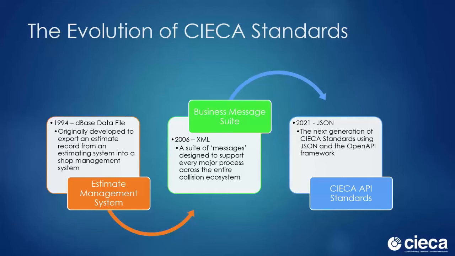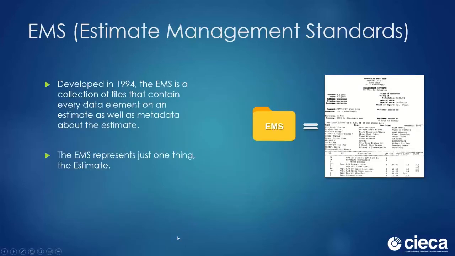Of course, computers and technology never stop evolving, and so now we need tools designed for today's business needs, and that is why we're embarking on the CIECA API Standards initiative. Let's look at this evolution of CIECA in a little more detail.